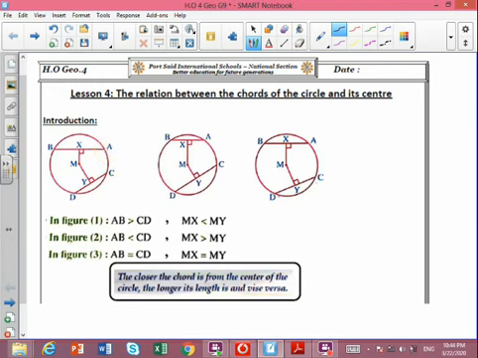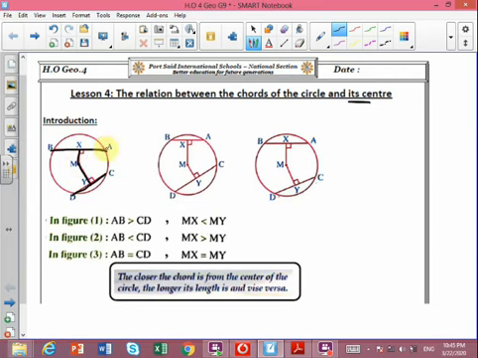If AB is a chord and CD is another chord, and I said it is the relation between chords and the center, and I have circle M, what is the relation between them? If I have three cases, if AB chord is greater than CD chord, what did you notice? You noted that the length between the center and the chord is shorter than the length between this center and the other chord.